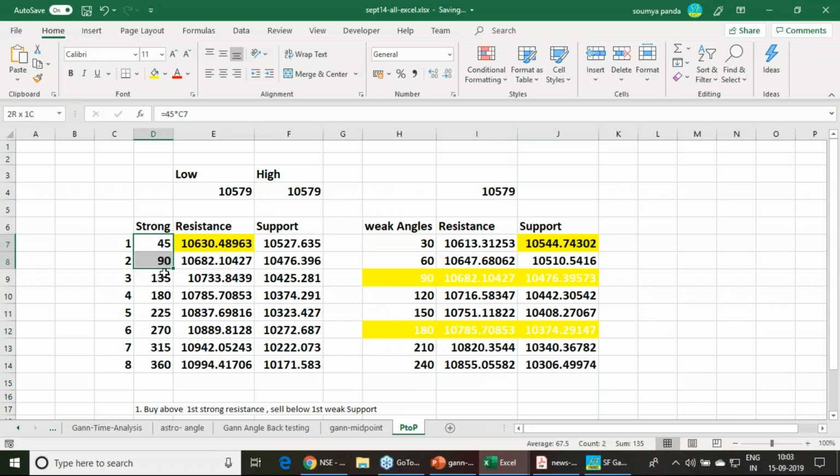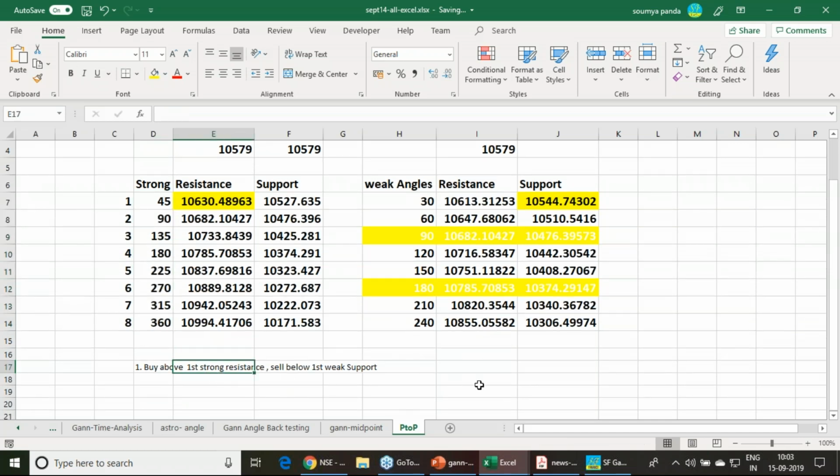So in Gann's concept, all 45 multiples are strong angles, strong trend lines, and all 30 multiples are weak angles. So here the principle is: buy above the first strong resistance, sell below the first weak support.